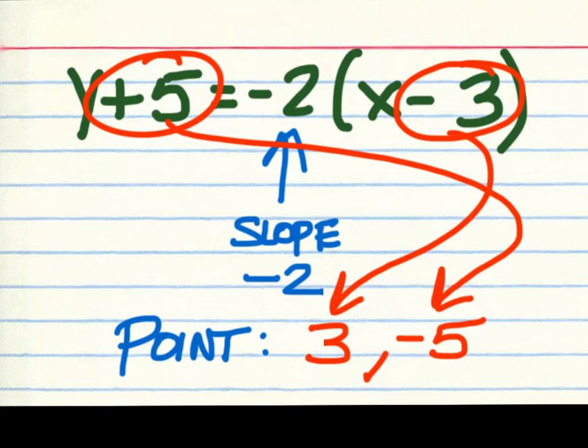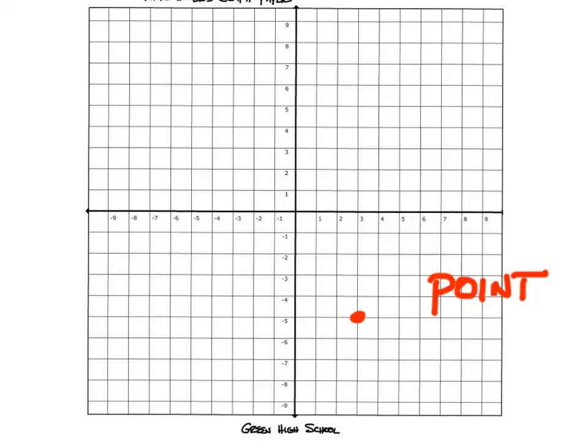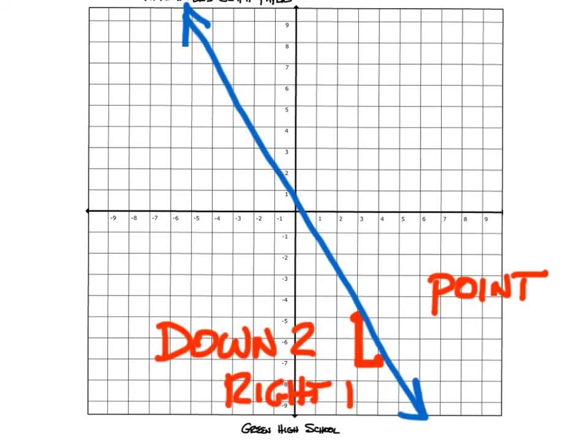You use the opposite in each case. Now we have what we need to graph. We have a slope of negative 2 and a point of 3, negative 5. There's the point 3, negative 5. The slope was negative 2, so you go down 2 to the right 1 and then draw the line.